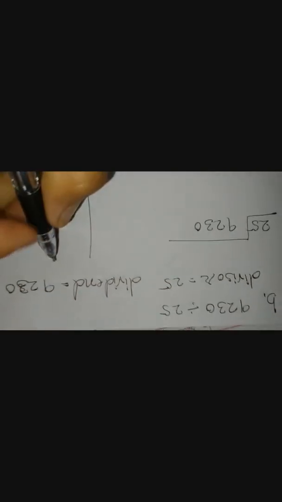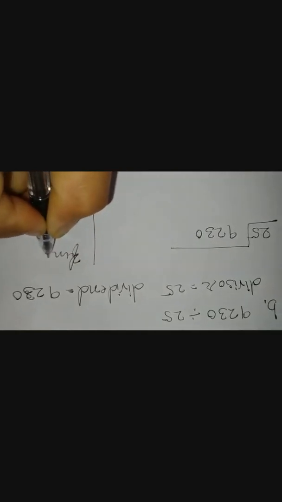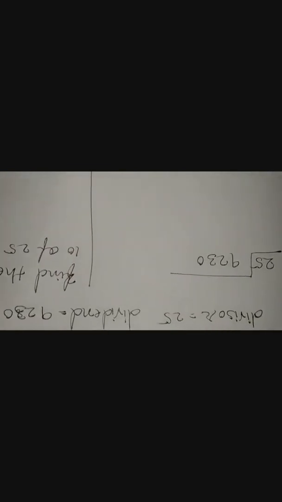The nearest 10 of 25 is 30. So we have to write 30 here. Now we'll start the division. Now look here, 25 divided into 9230.